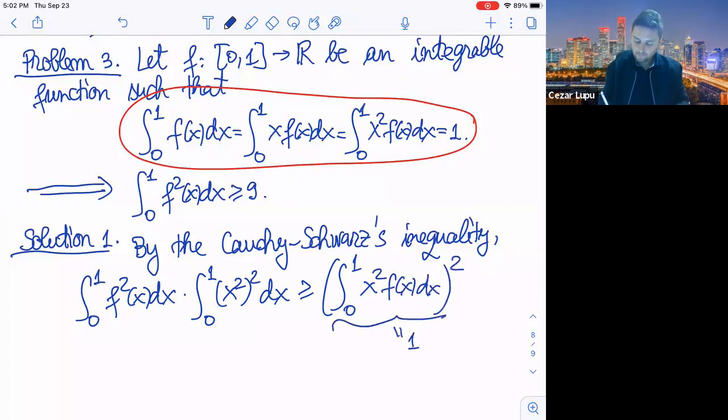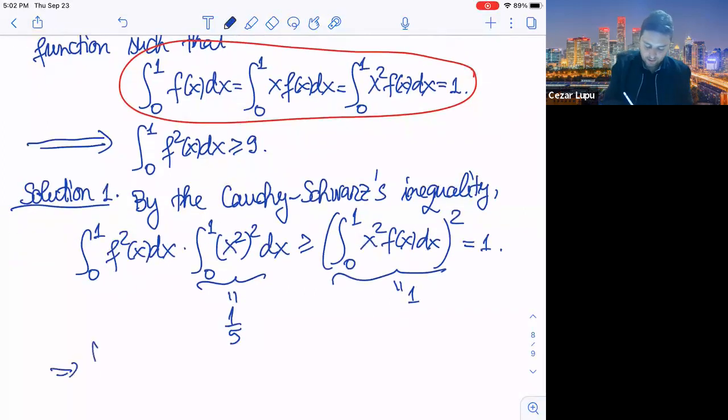This guy is 1, and the other is the integral of x to the 4th, so it's 1/5. So this implies that the integral from 0 to 1 of f squared dx is greater or equal than 5, which is not good enough.